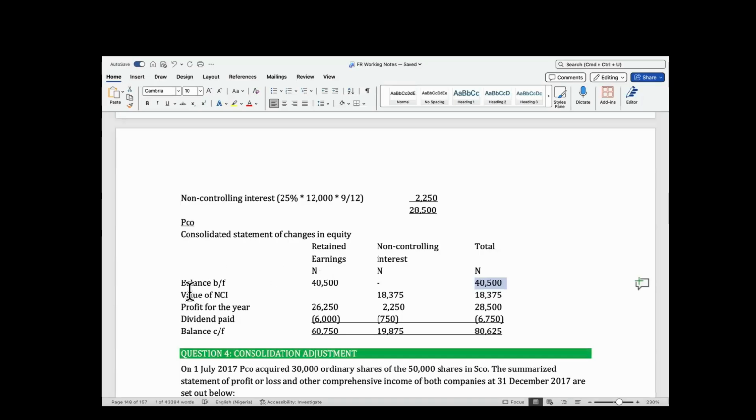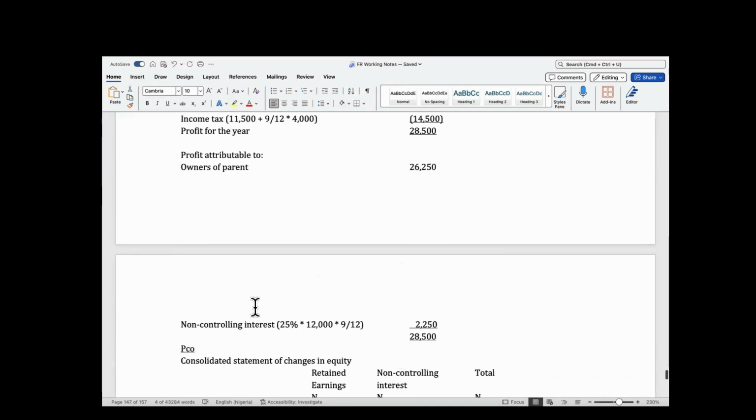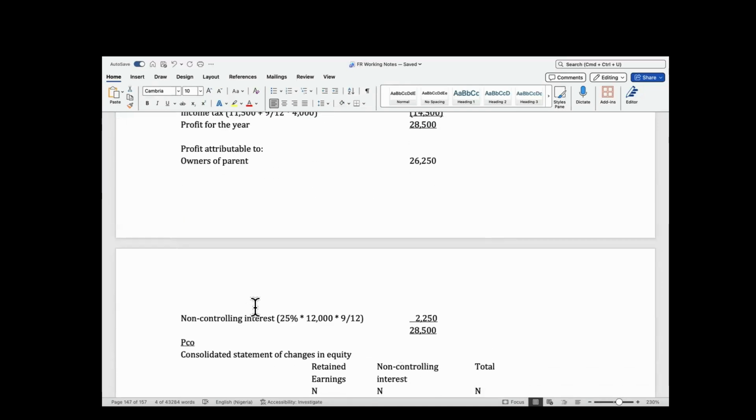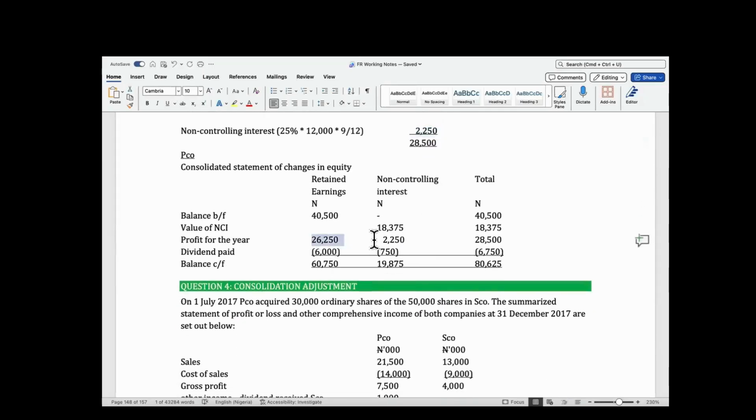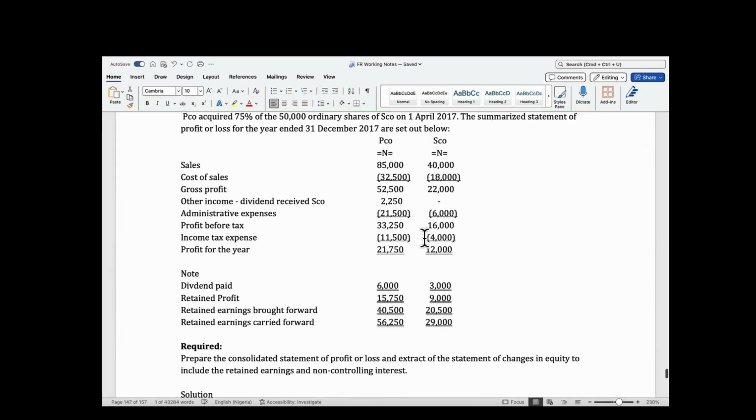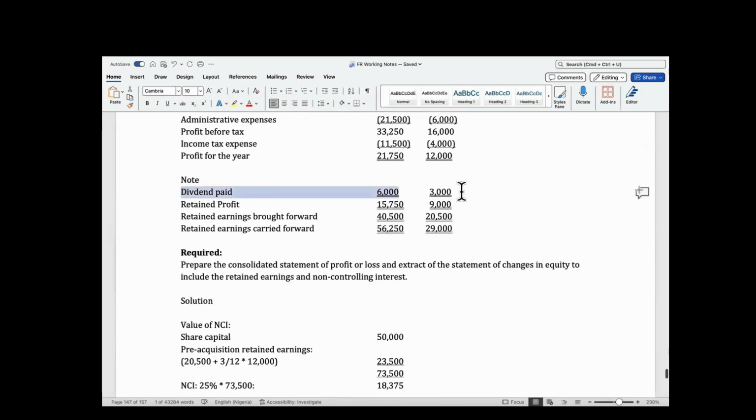I'll come back to this value of NCI. Let me sort my profit for the year. My profit for the year is just as determined in my consolidated statement of profit or loss. That of the parent is 26,250. That of the subsidiary is 2,250. So 26,250, 2,250. Also, from the question, I was given dividend paid.